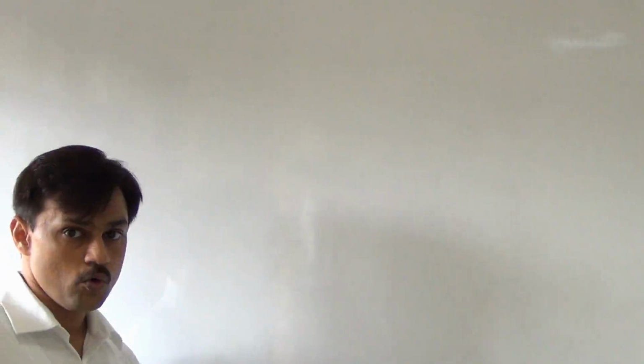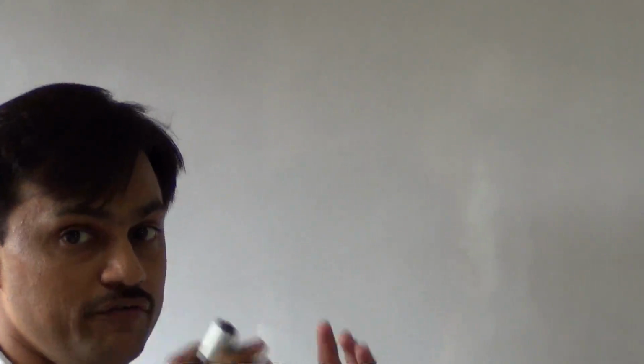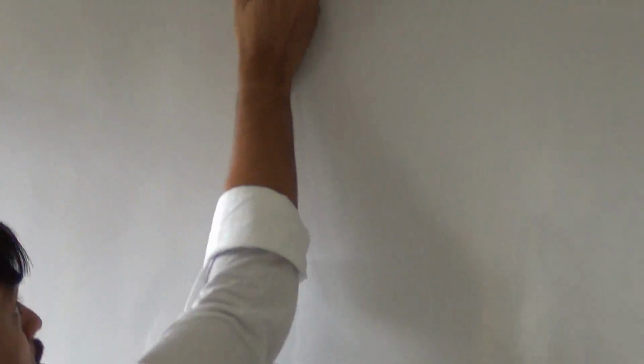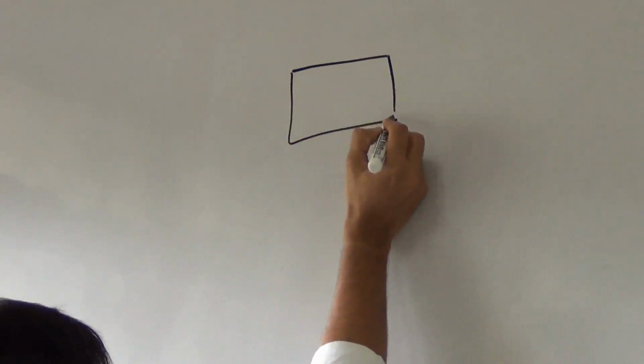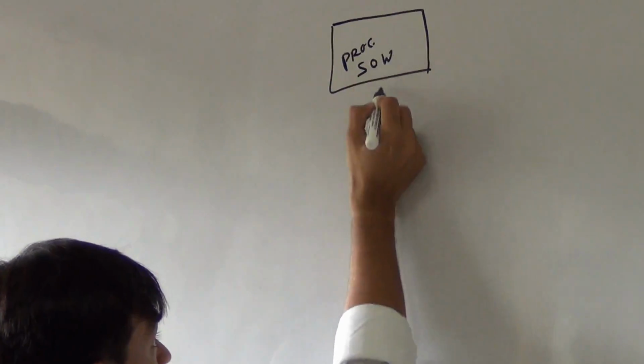Now, till now, we have selected the vendor. We have already identified the procurement work and we have awarded that particular work to the vendor. So when we want to monitor or control the procurement work, we need to know what was the plan. So first we identified procurement statement of work.